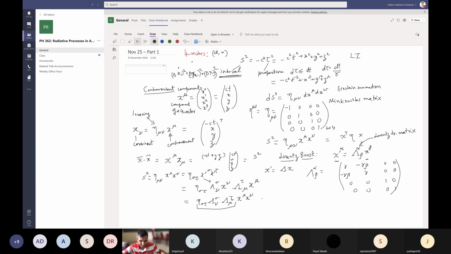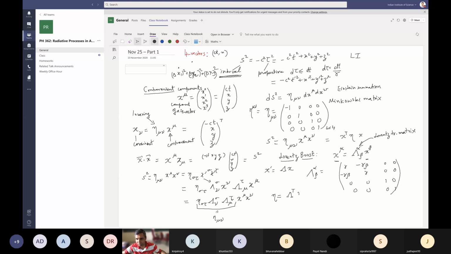This just means, by comparing the left hand side and the right hand side, that eta is equal to lambda transpose eta lambda.